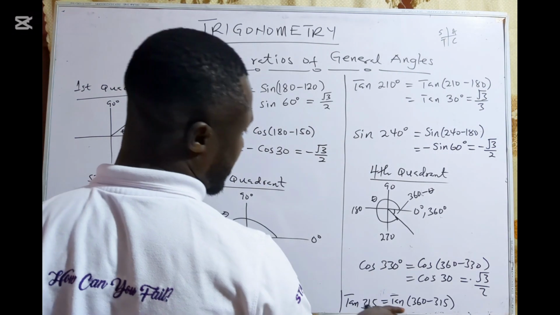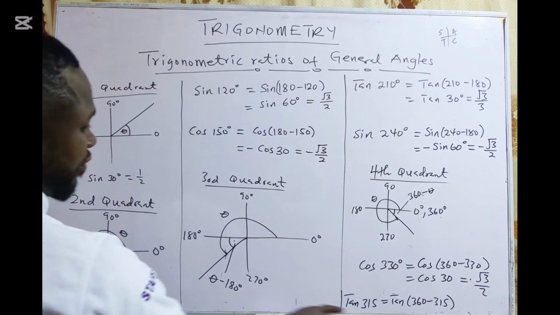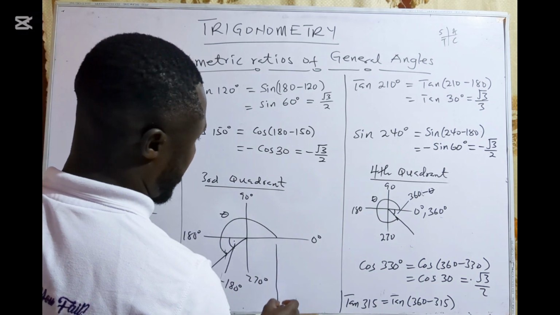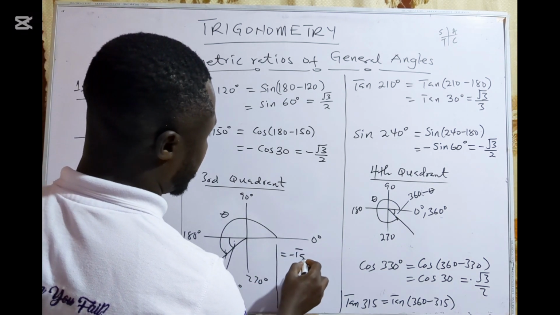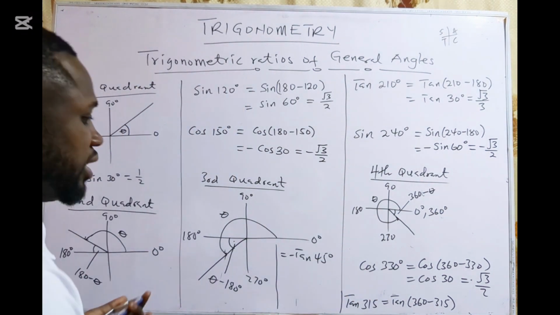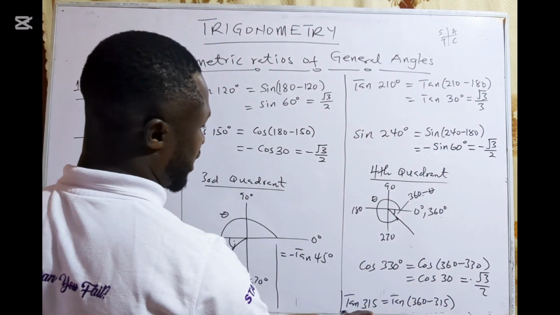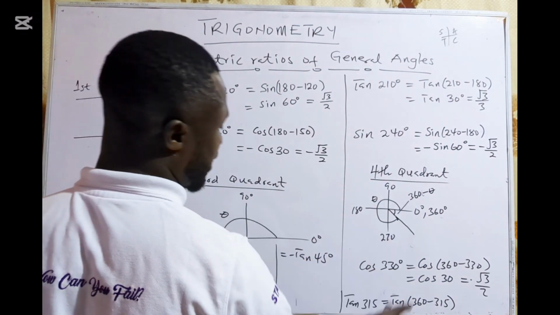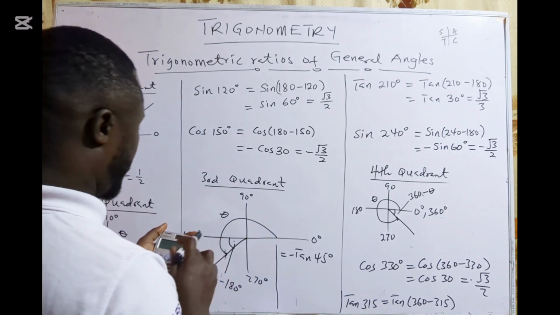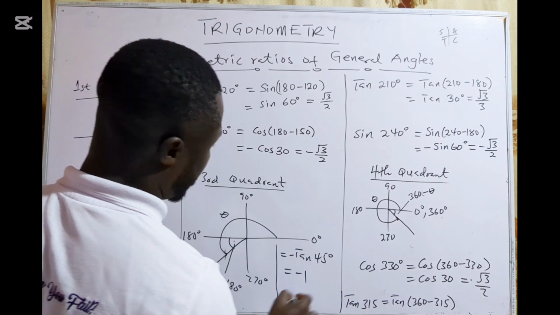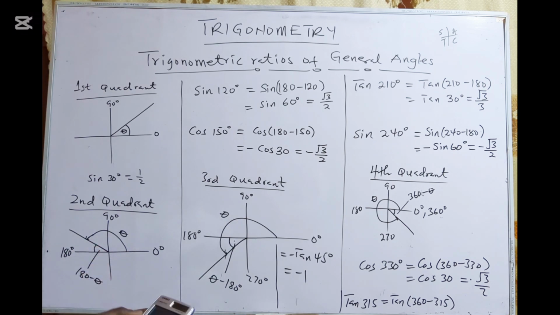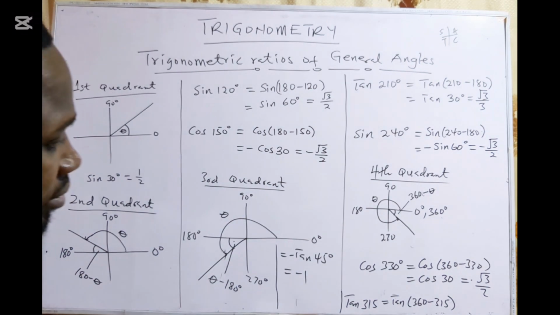And because tan is negative in the fourth quadrant, I can write it as minus tan 45 degrees. So I attach the negative sign. And what is tan 45? 1, so negative 1. It means that if you press tan 315 on the calculator, it is going to give you negative 1.